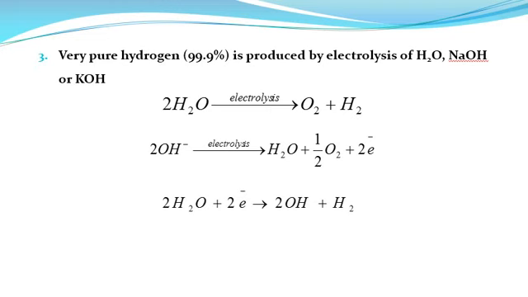By electrolysis you obtain oxygen and hydrogen, and with electrolysis of hydroxide ions we obtain water and oxygen.